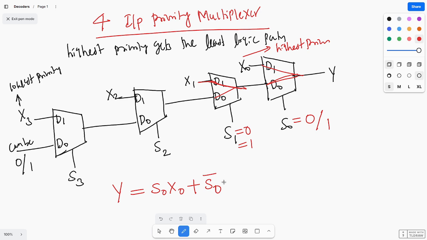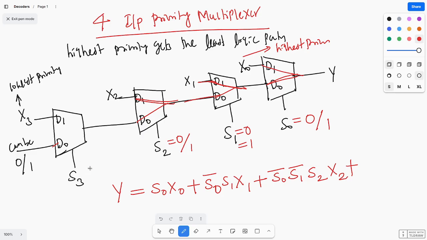So s0 bar s1 x1, plus, when s2 equals 0 this path is connected, and when s2 equals 1, x2 is connected. For this path, s0 should be 0, s0 bar, s1 bar, and s2 should be 1, s2 x2, plus.